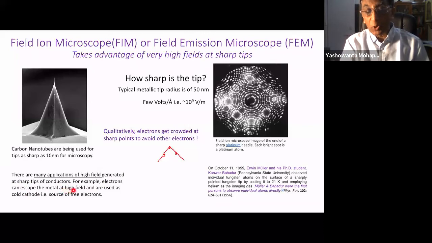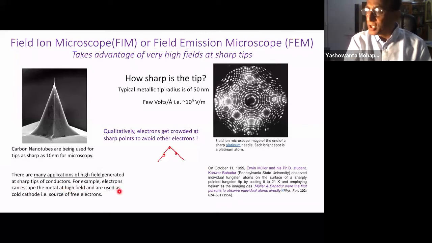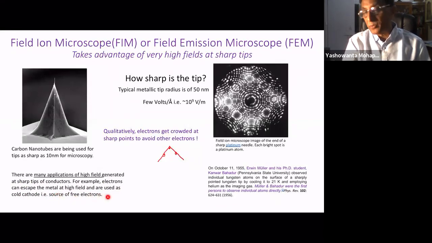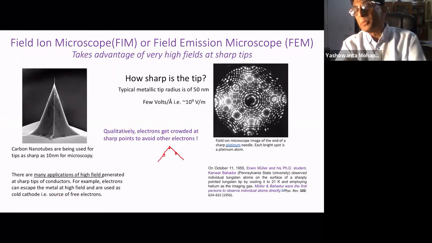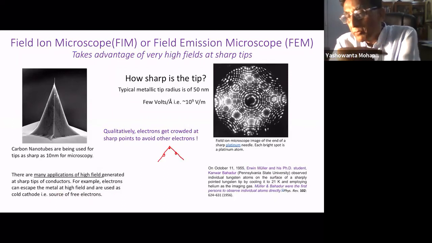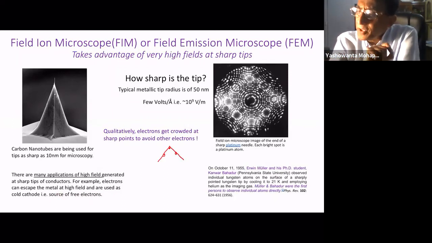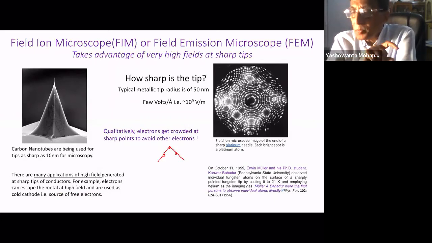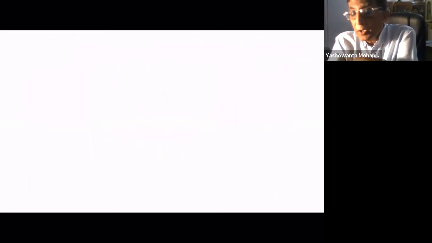You can have a cold cathode, which you don't heat, just because the electric field is very high at the sharp tip. Electrons can come out of the metal and become a source of free electrons. These are some examples of how we take advantage of the fact that the field is very high at sharp edges or tips.